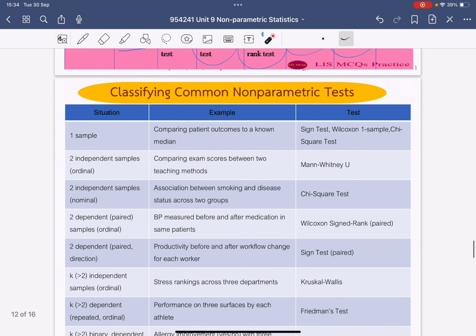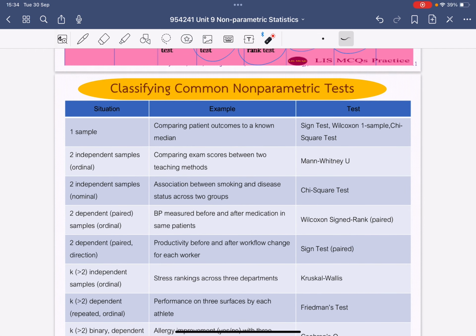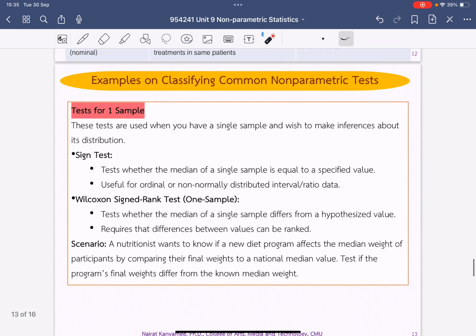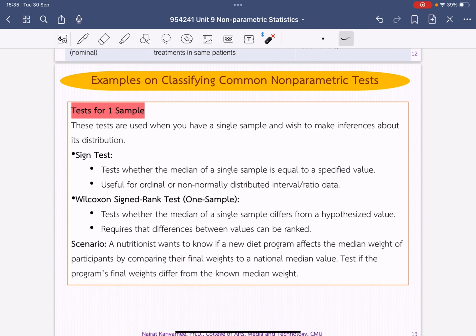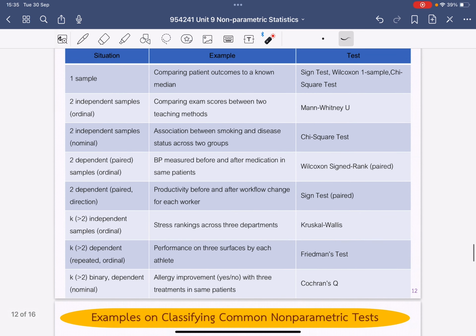If you want to compare, for example, patient outcomes to a known median, you want to compare the median for one sample, then you might use the sign test and Wilcoxon one sample, and sometimes the chi-square test. So the detail is right here, you can read them out in detail. I put scenarios here for you to read, it's the same as the table here.